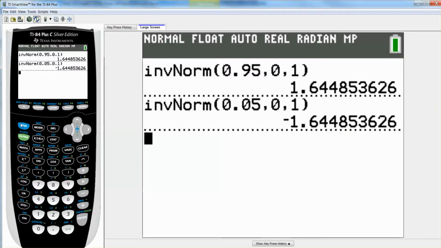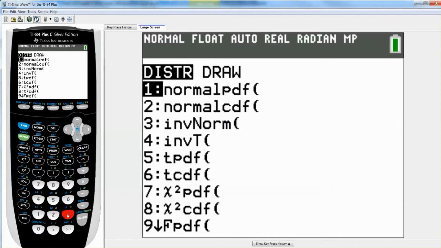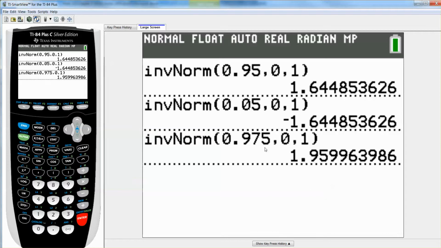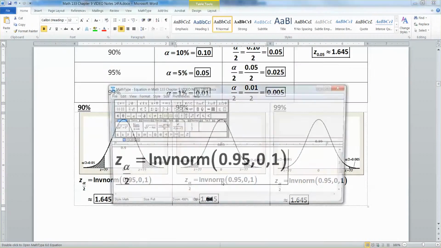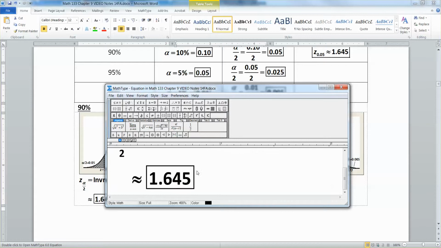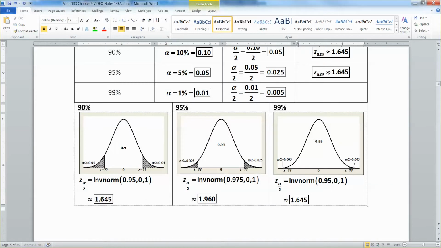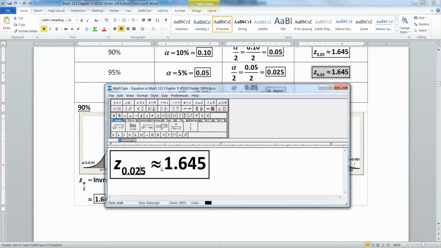So let me grab my calculator, say inverse norm, 0.975, that's 0.95 plus 0.025, and go down to paste and press enter, and I'll get 1.960 when you round it. So that would be z 0.025, 0.025 being the area in the right tail. So the area in the right tail is 0.025, that's 1.960.